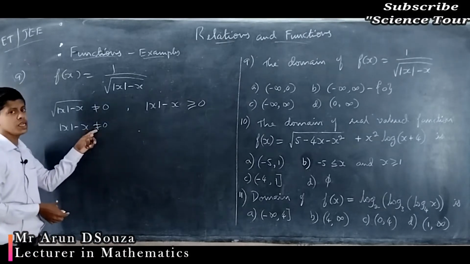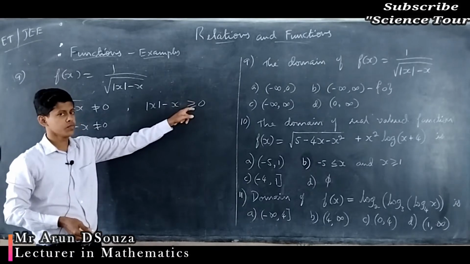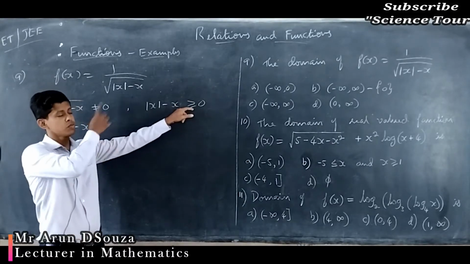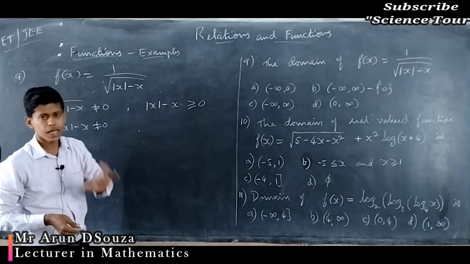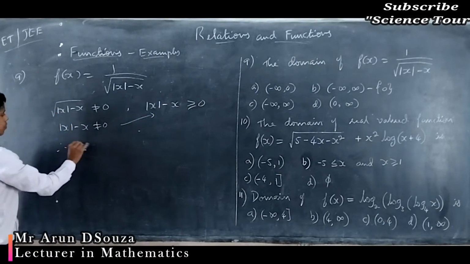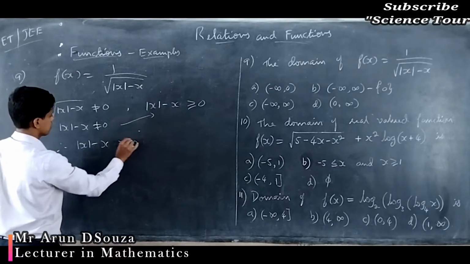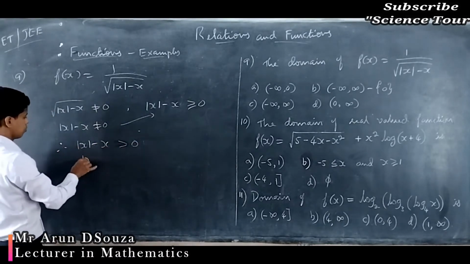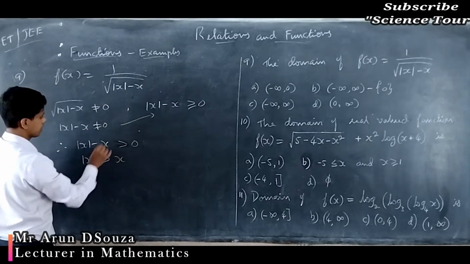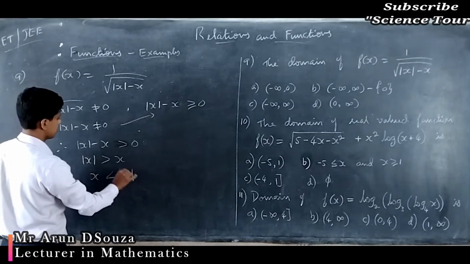Now it cannot be equal to 0, so it should be strictly greater than 0. So combining these 2 we get that it should be greater than 0. That means mod x should be greater than x. In other words, x should be less than mod x.